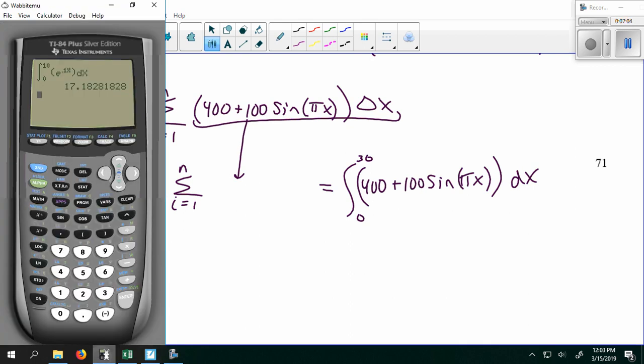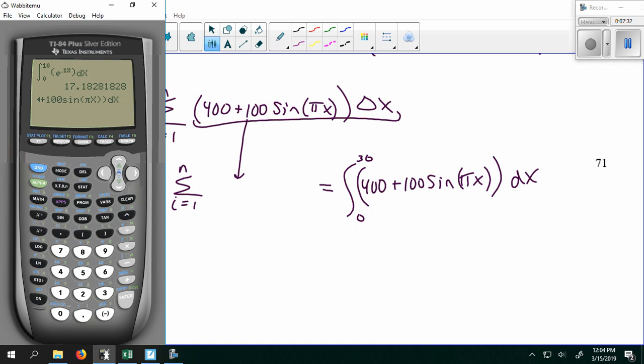So I'm going to evaluate this in my calculator, math 9, integrating from 0 to 30, 400 plus 100 times the sine of pi x dx.